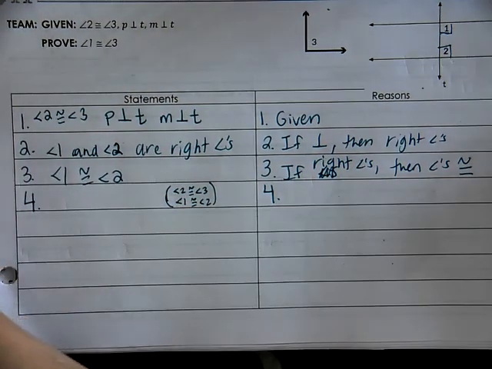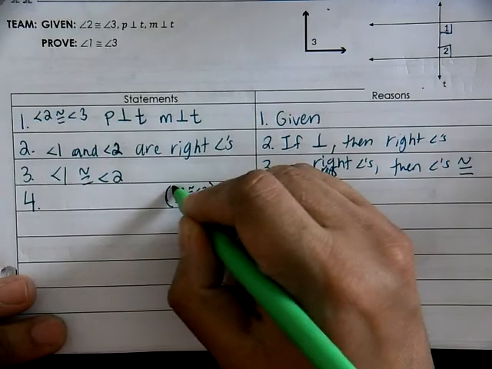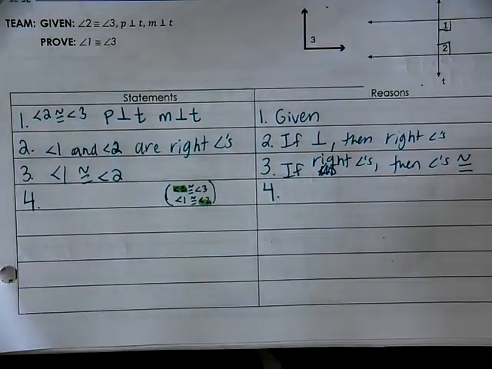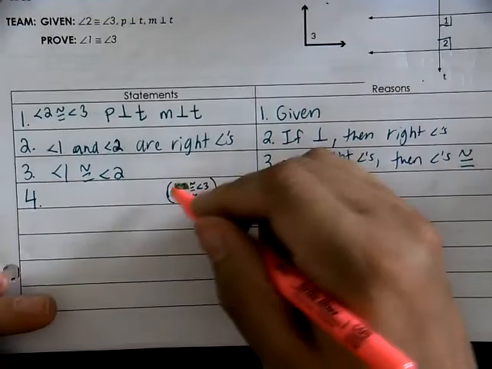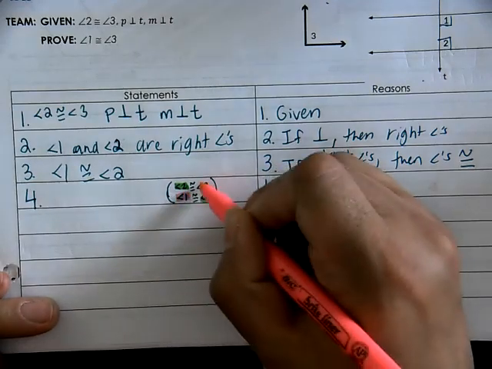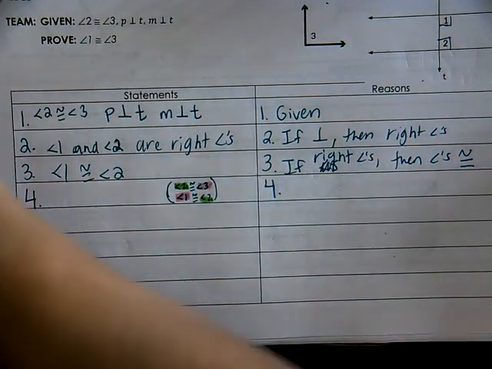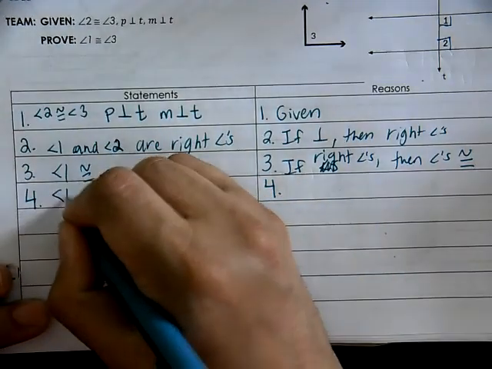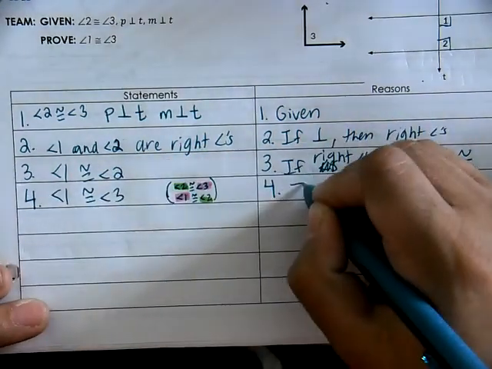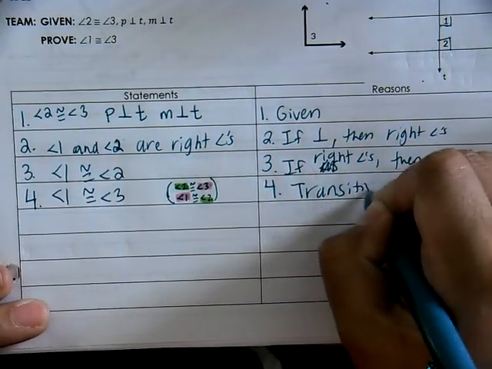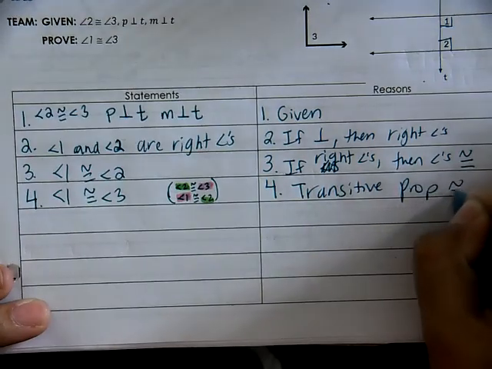This is just my thought process, or what my thinking is for this, and then feel free to use either highlighters or colored pens if you need to say, okay, those are both angle 2s. When that happens with transitive property, I know these two are congruent to each other. The other two. So this would be angle 1 is congruent to angle 3 by transitive prop congruence.